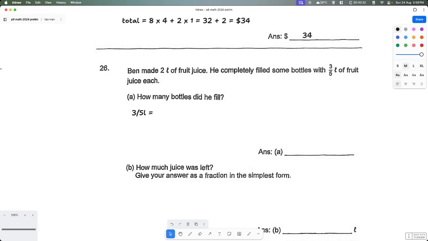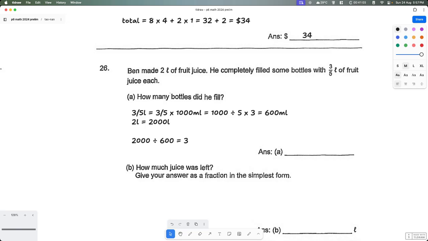How many milliliters is 3 over 5 times 1000 ml, which is 1000 divided by 5 times 3, which is equal to 600 milliliters. So 2 liters equal to 2000 milliliters. So 2000 divided by 600, which is equal to 3 bottles.